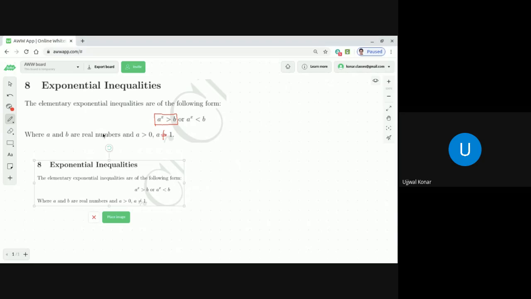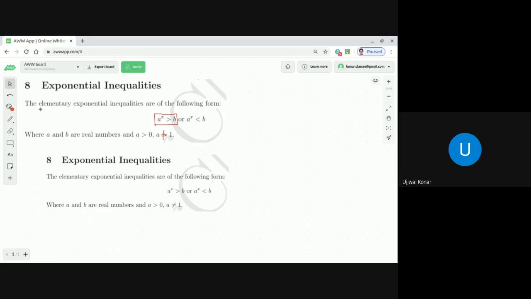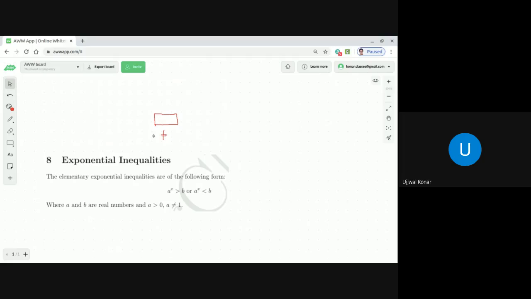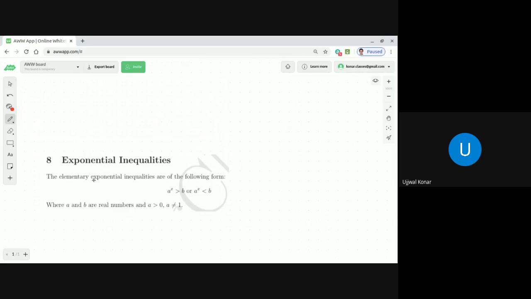Let me remove the previous part, so you get the correct one. What I wanted to mean is that the restriction on a is that a cannot be equal to 1 and a is greater than 0.